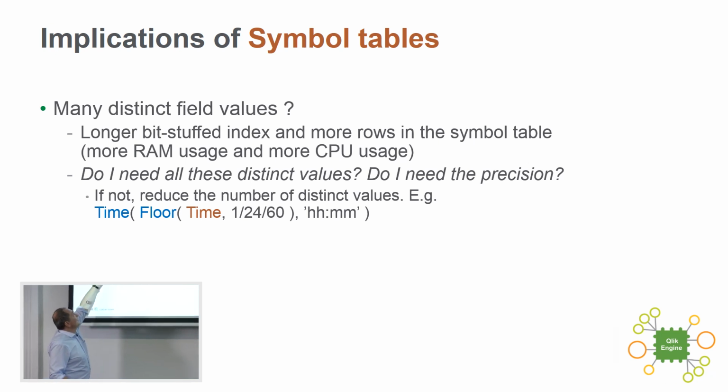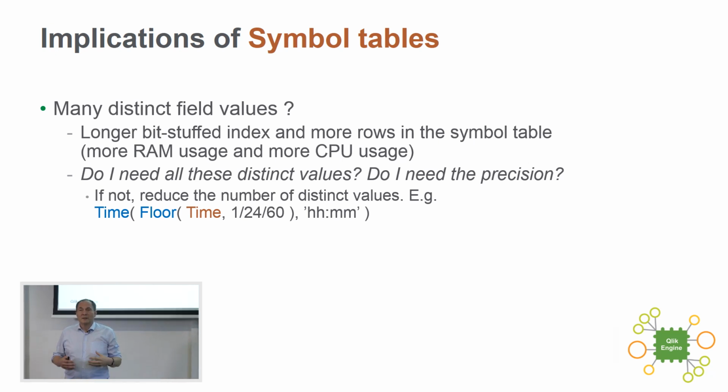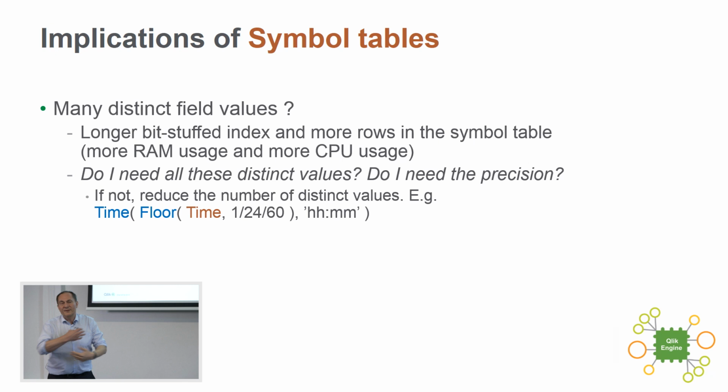And then I format it using the time function, and I format it as hours and minutes. Now, if I do it that way, then I have 1,440 values per day. That's a lot better than 10 million, I can assure you. So that will shrink the symbol table in length and shrink the bit-stuffed index in size. So if you do that, then the symbol table takes a lot less place.